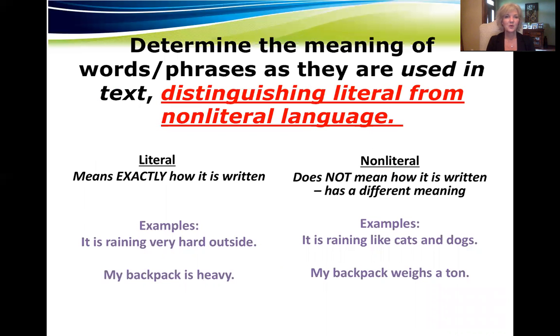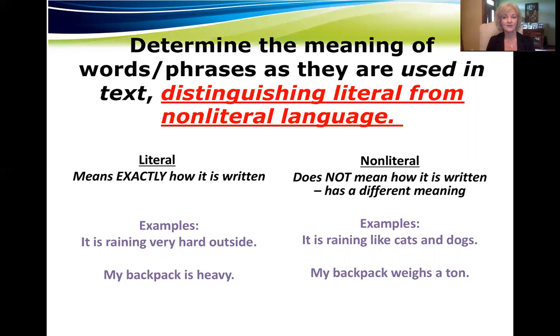Okay, so going back to our goal or the standard, we have talked about how to determine the meaning of words and phrases as they're used in a text, but we also need to distinguish literal from non-literal language. Well, what is that? Literal means exactly how it's written. Non-literal does not mean how it's written.